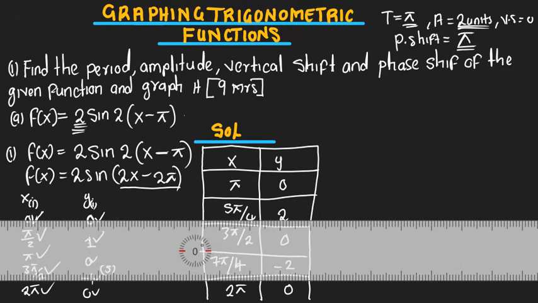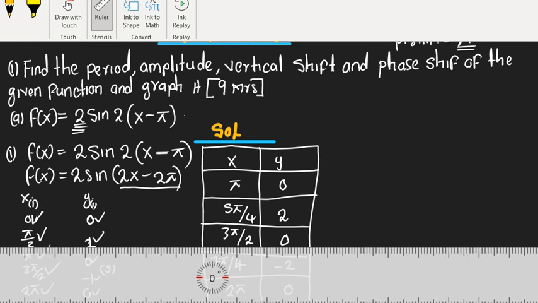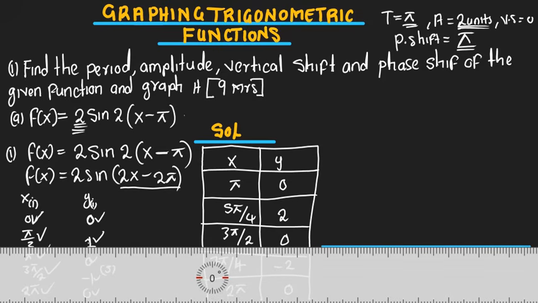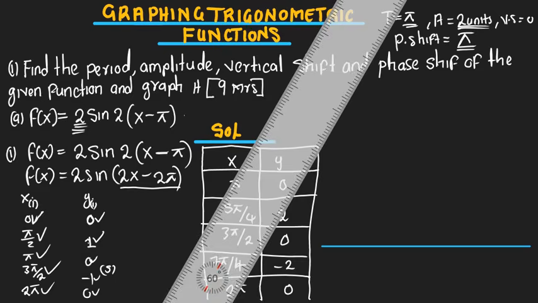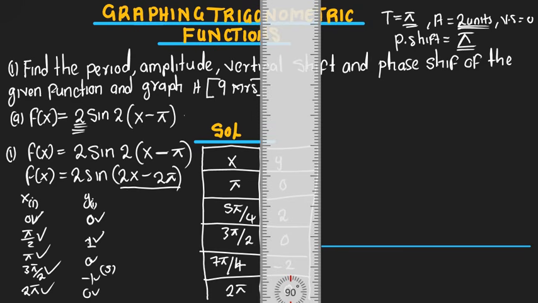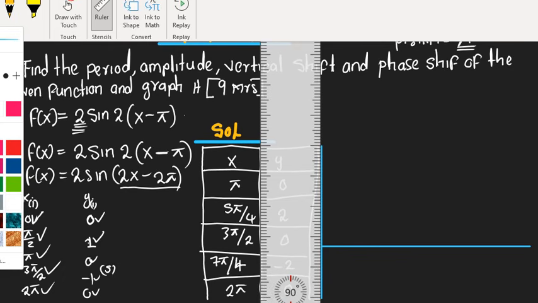Because all my x values are positive, my graph is already telling me how it's going to look. Then I'll also do it in the y-axis. Then I can now number the figures.